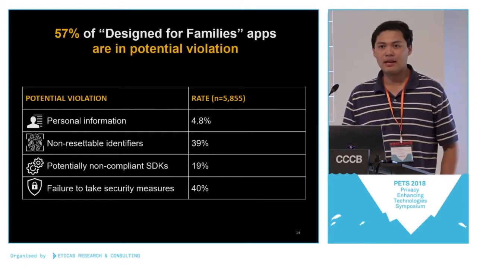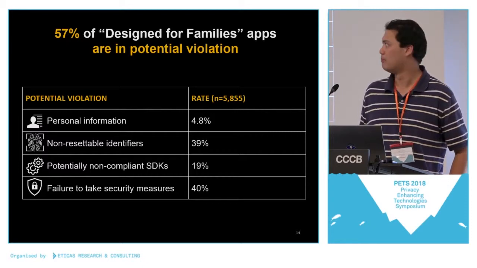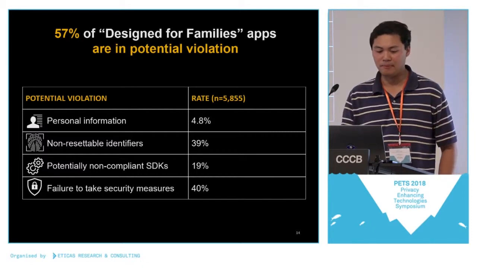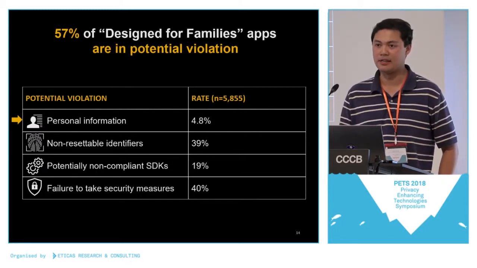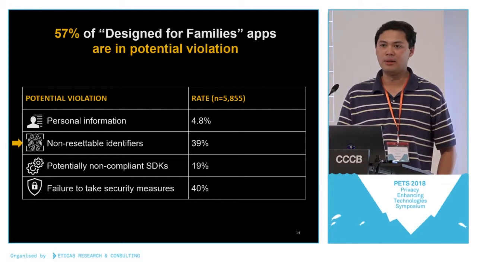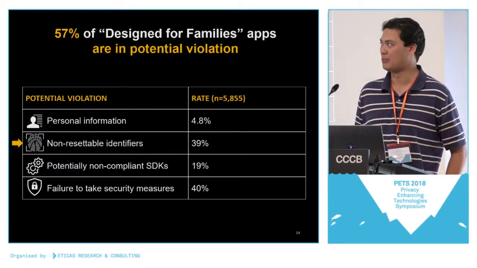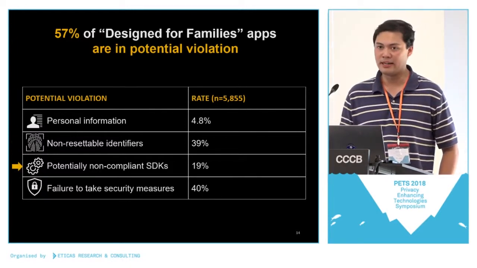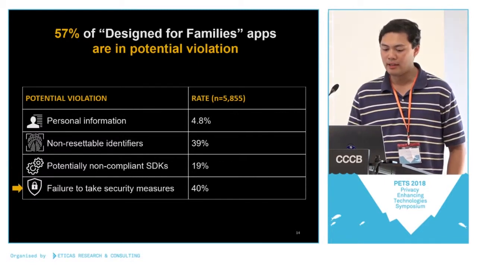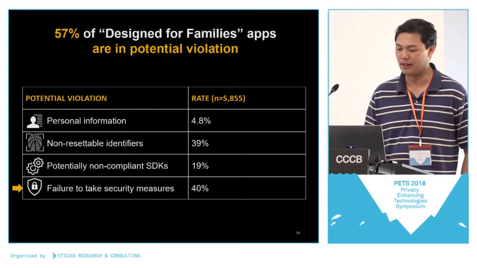violation of COPPA. We define potential violations as falling under one of four broad behaviors: whether they collected personal information without parental consent, whether they enabled behavioral advertising through the misuse of non-resettable identifiers when resettable ones are available, whether they integrated third-party SDKs that may not be COPPA compliant themselves, or whether they failed to take basic security measures to protect end users.